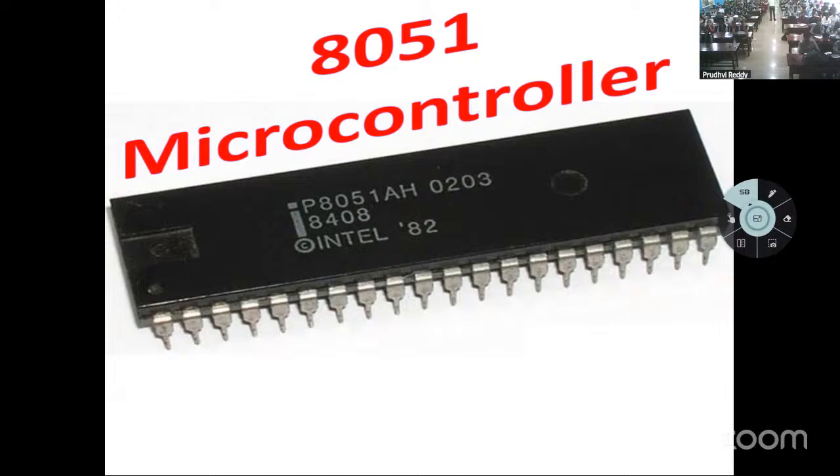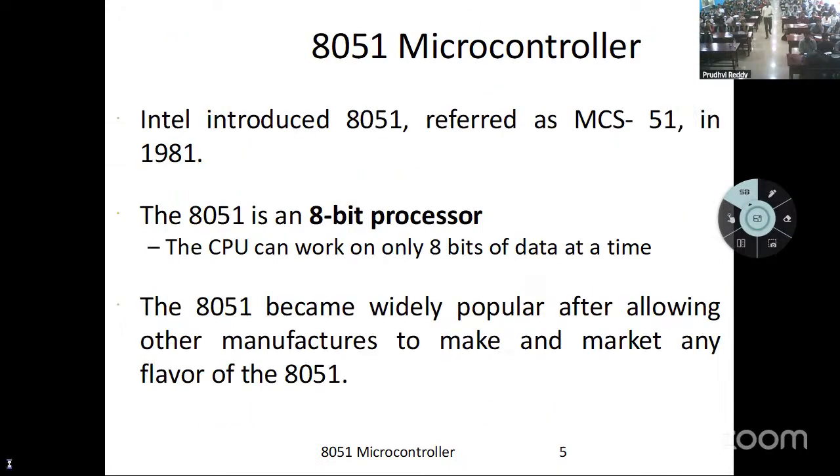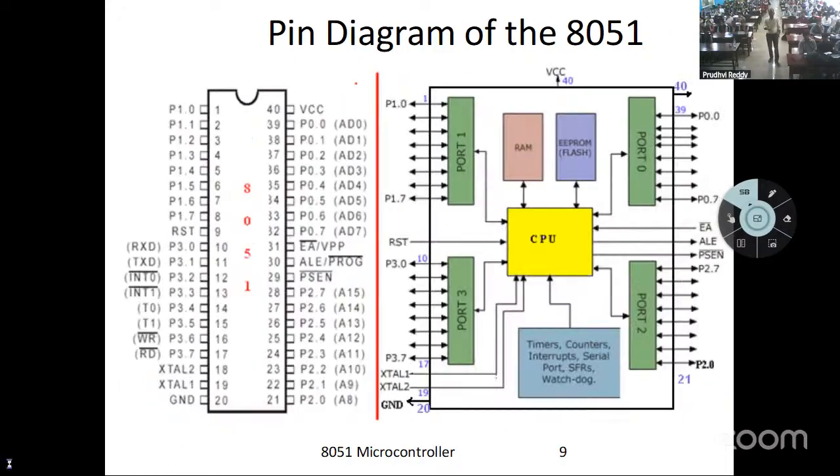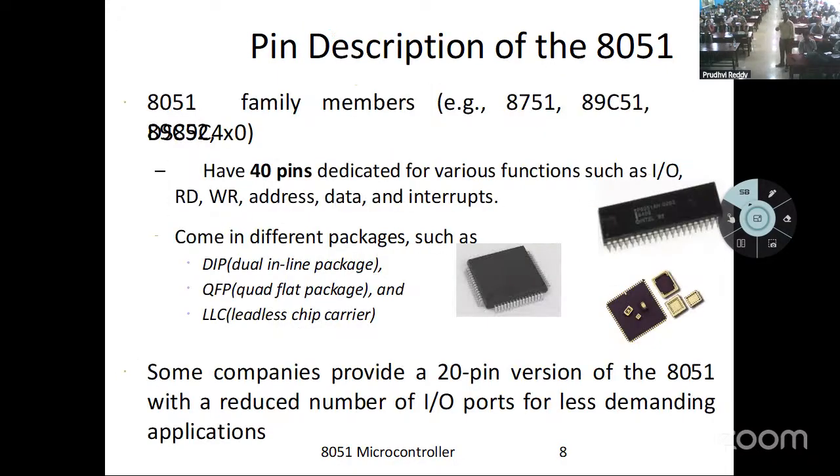Now, when the 40 pins are arranged with half of the pins on one side and the other pins on the other side, that is called the dual in-line package. DIP stands for dual in-line package. All pins are arranged on one side of the integrated circuit and the other pins on the second side of the microcontroller.